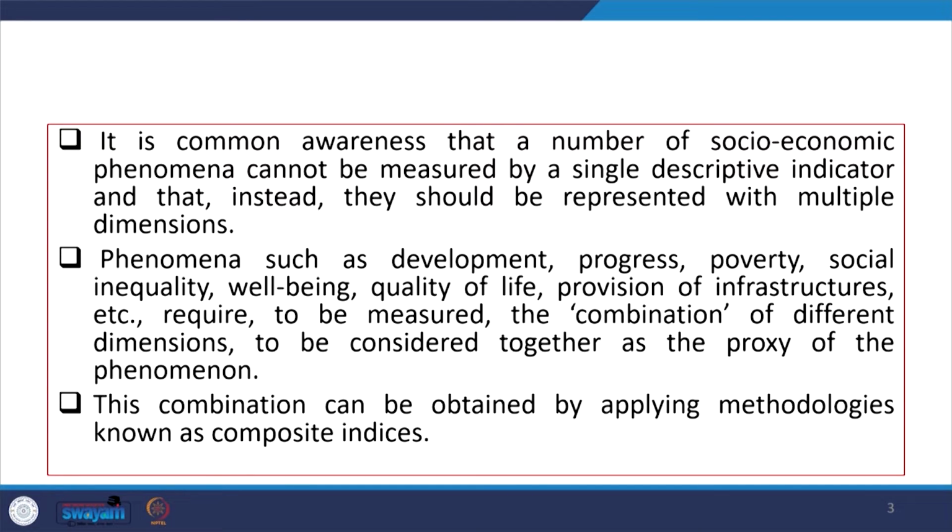These require a combination of different dimensions, considered together to define them. These combinations can be obtained by applying methodologies known as composite indices.